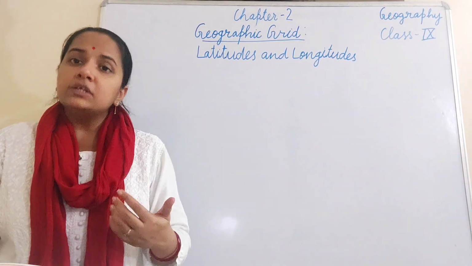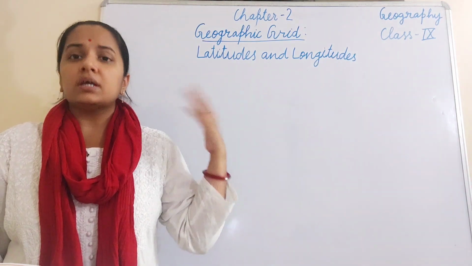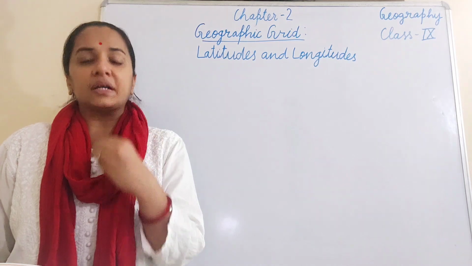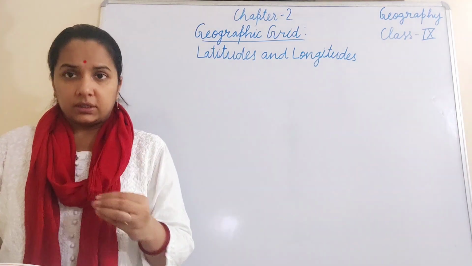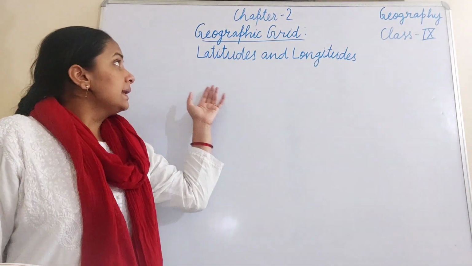And what is the need of this geographic grid? Why did we invent any such thing? To find out the position, to locate a particular point on the surface of the earth, as the earth is so vast. What is latitude?